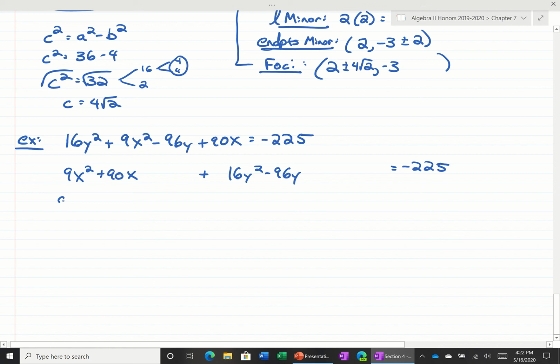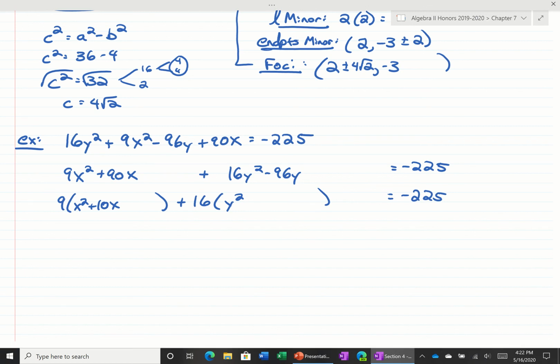We'll factor out the leading coefficient. All right, and 96 divided by 16. I'm not sure. Let's see here. So 96 divided by 16 is 6.